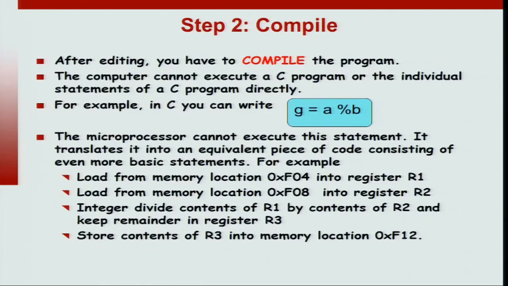But a statement like G = A % B can be translated into a bunch of statements saying load data from a particular memory location into a particular register, load the second piece of data from another memory location to the second register, divide the contents of these two registers, store the remainder in a third register, okay, and then finally take the result and store it into a third memory location. So the simple statement that we wrote, G = A % B or G = A modulo B, becomes a bunch of basic statements that the microprocessor can understand, and then it executes these statements.